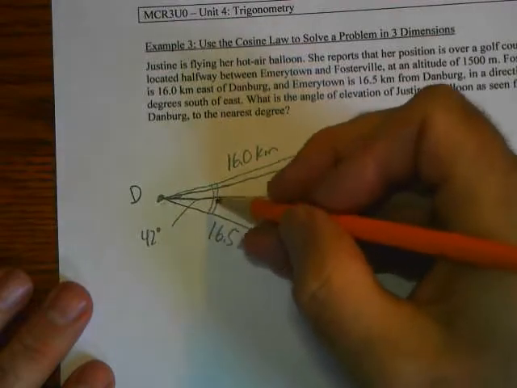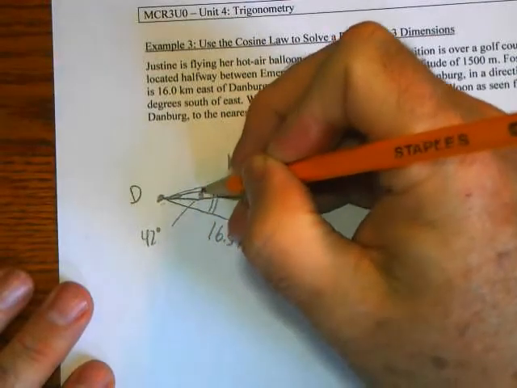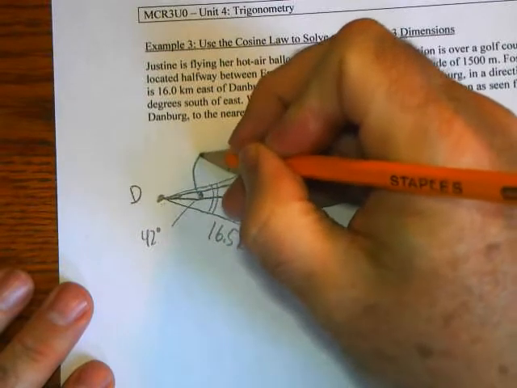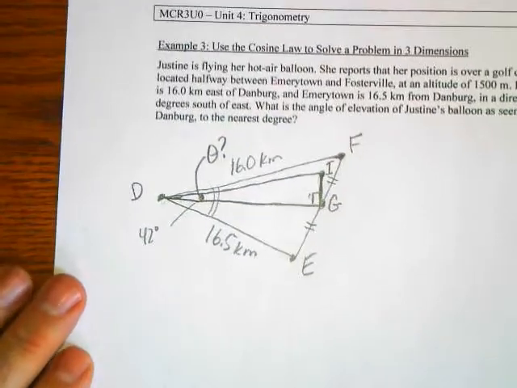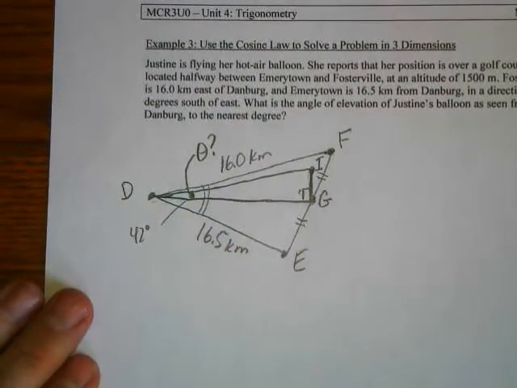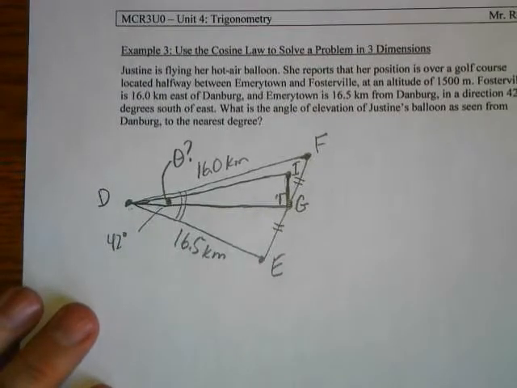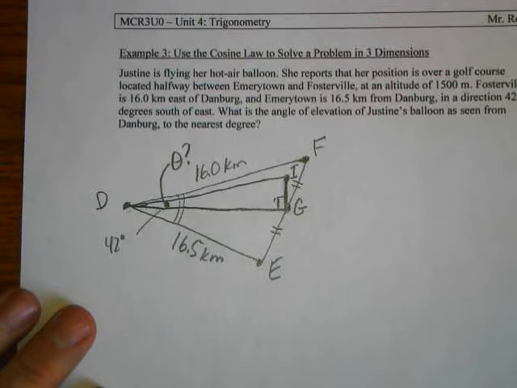So it's a little hard to see this here, but I'm looking for this angle of elevation. So this theta is what I'm looking for. Looks like a paper airplane, kind of upside down. So this is going to be involving multiple steps.